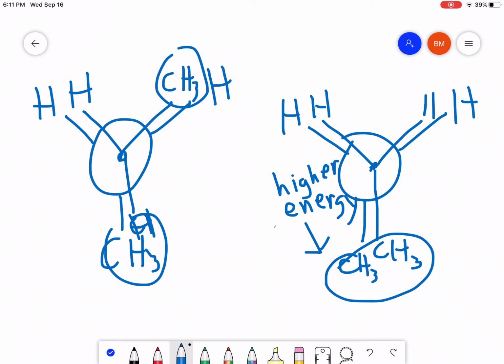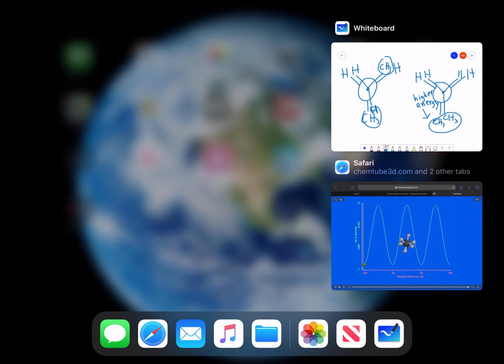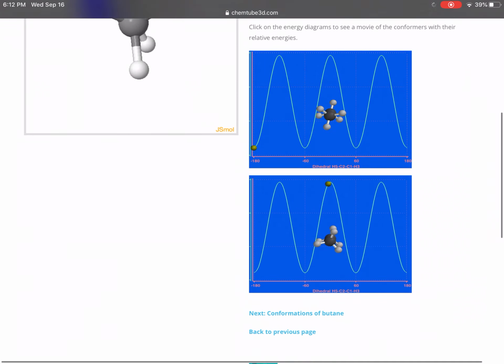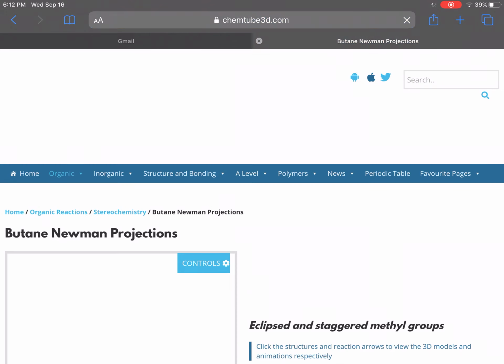Because you don't have on the left the two biggest groups directly eclipsing each other, right? So in this case, the drawing on the right would have a higher energy than the one on the left. Let's show you. Let's take a look at this. I'm going to go backwards, and I should be able to get to butane. There we go. All right.